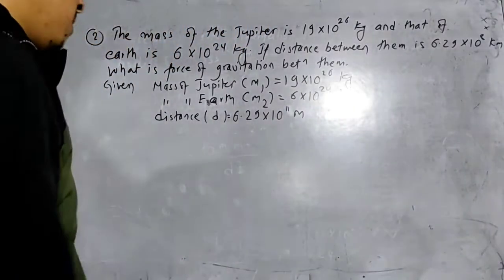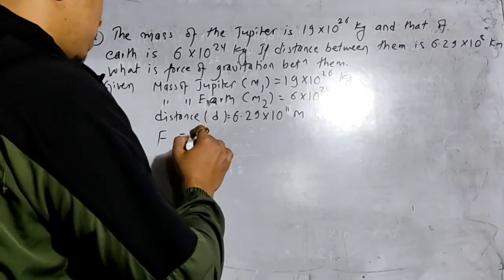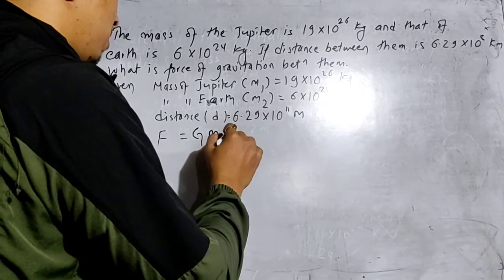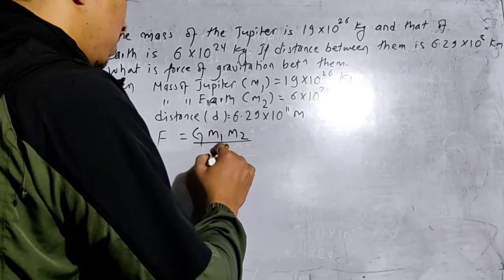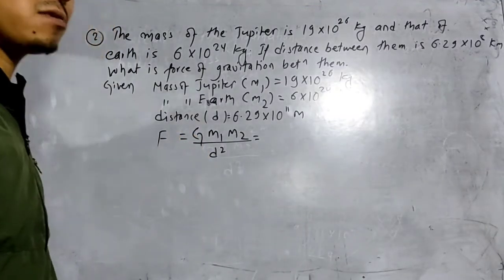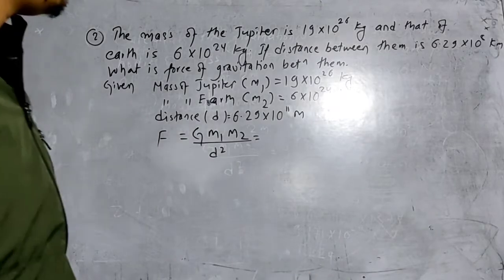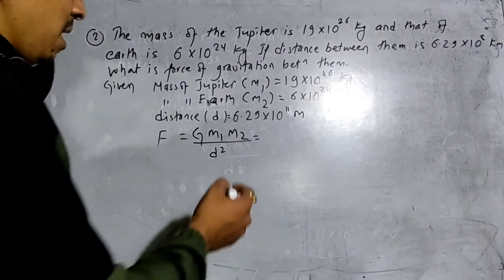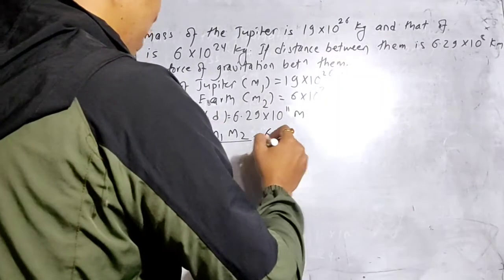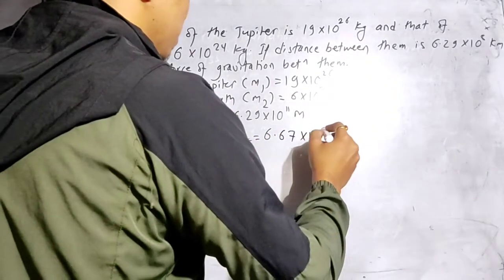Now we have our formula for gravitation, F is equal to G M1 M2 by D square. As I have said earlier, we have to put the value of G by ourselves if not given in the question. The value of G is 6.67 into 10 power minus 11.